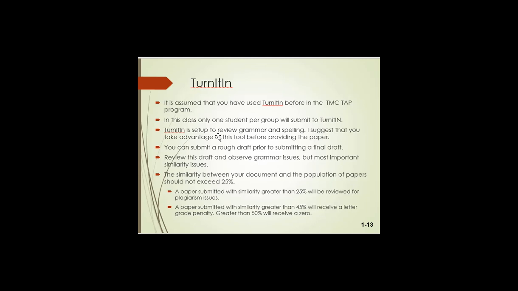The similarity between your document and the population of papers in the universe should not exceed 25%. A paper submitted with similarity greater than 25% will be reviewed for plagiarism issues and just issues in general of poor citation management, if you will.